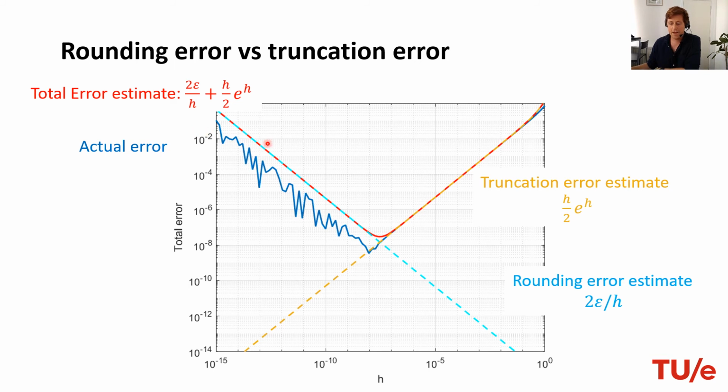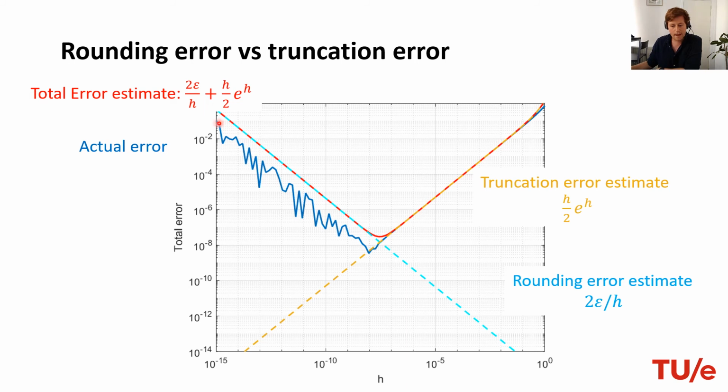We have this estimate for the truncation error, which had the form h over 2 times e to the power h, and that is this dashed orange line over here. We had an estimate for the rounding error, which is 2 epsilon over h, which we can also draw as a function of h. And here I chose epsilon as being the epsilon of MATLAB, so that makes sense.